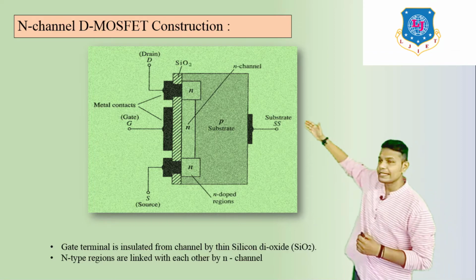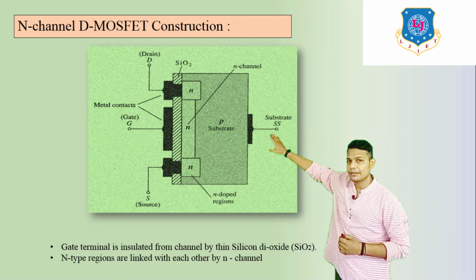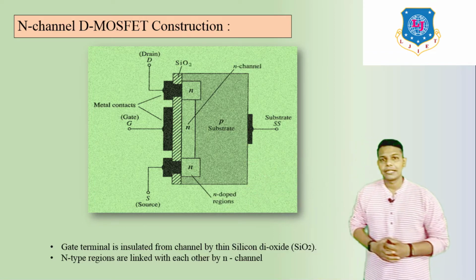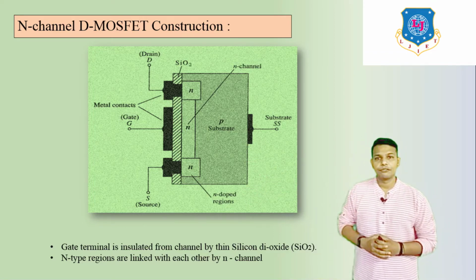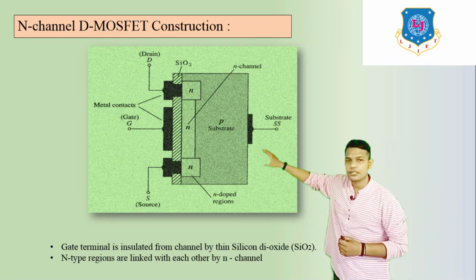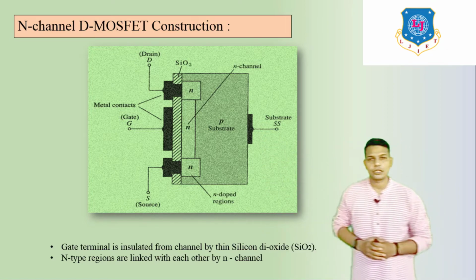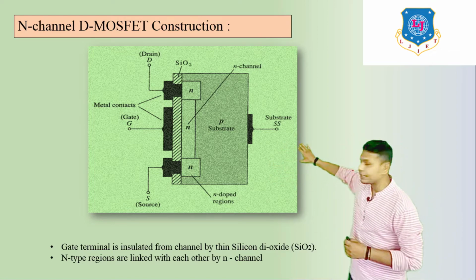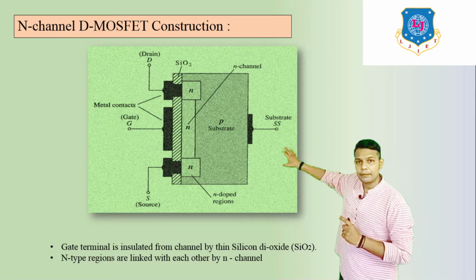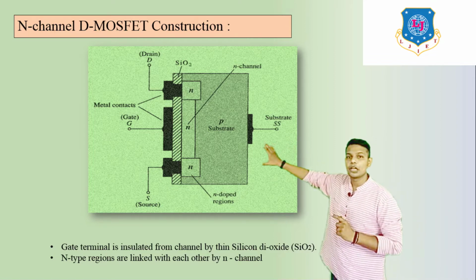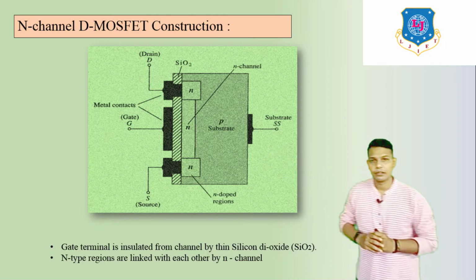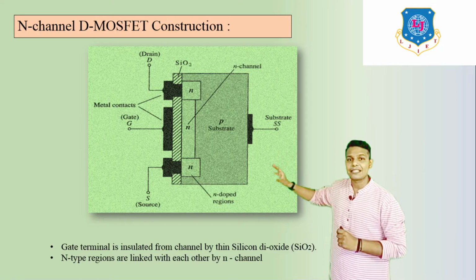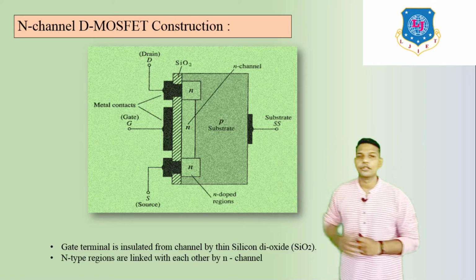Here we can see dark lines; one here and three different dark portions are metallic contacts which are connected to the different terminals: drain, gate and source. Among the metallic contacts, the gate is the only terminal which is not directly contacted with the region, whereas drain and source terminals are connected to the N region.